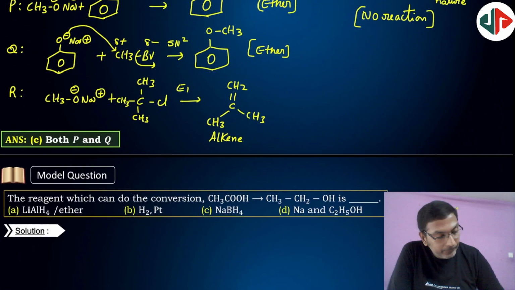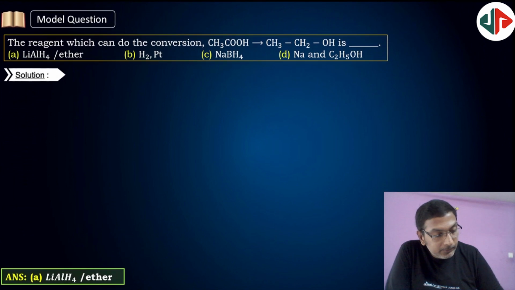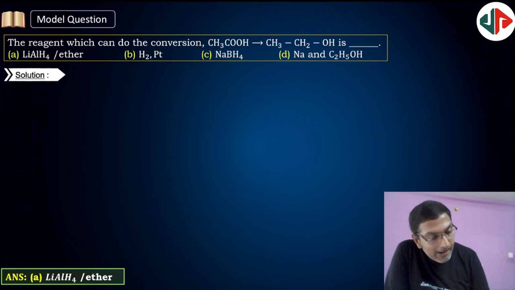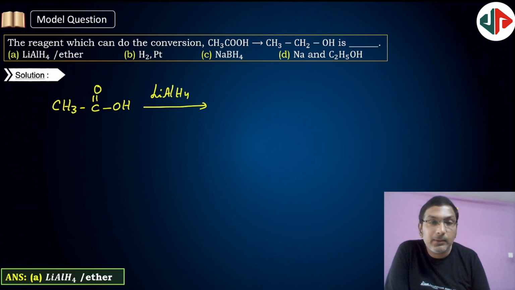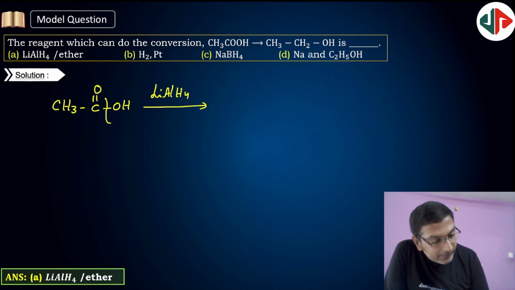Next. The reagent which can do the conversion: CH3COOH, carboxylic acid, with lithium aluminum hydride. It can reduce almost all functional groups. Here it dissociates into hydrogen and hydrogen.